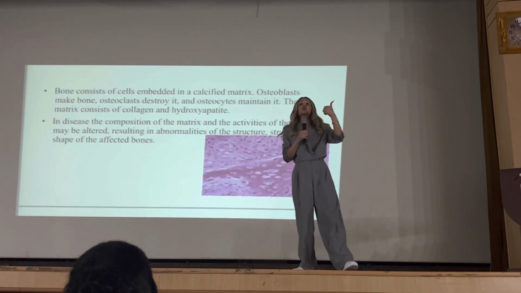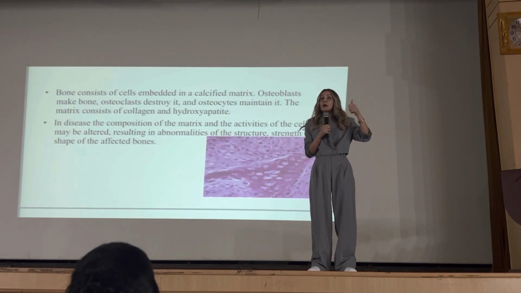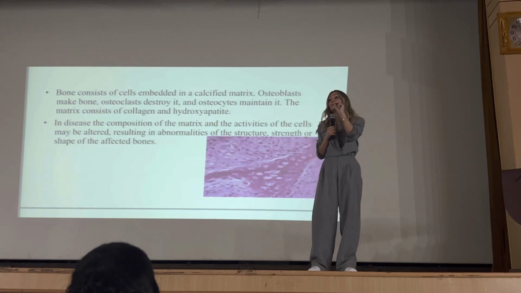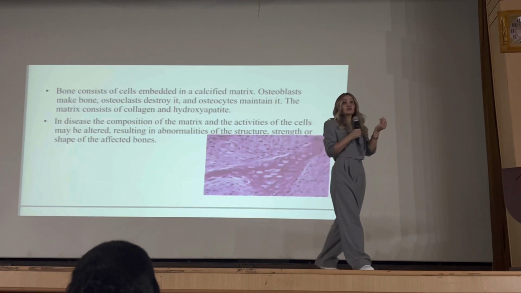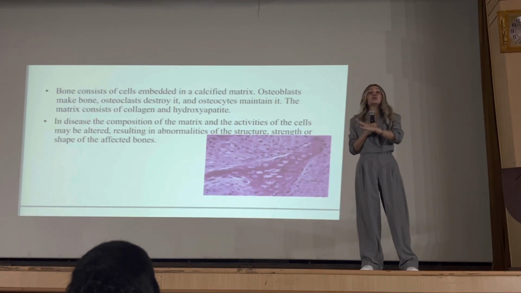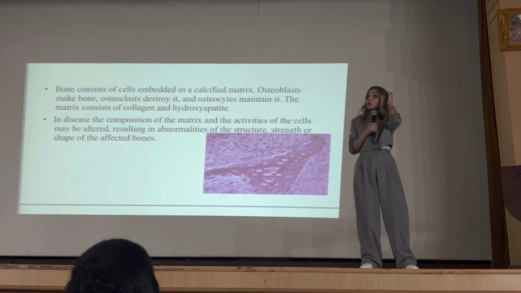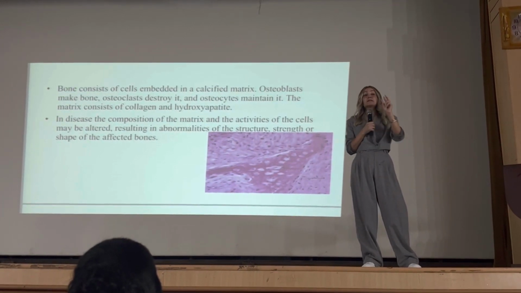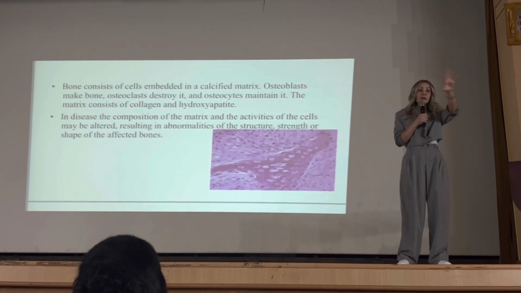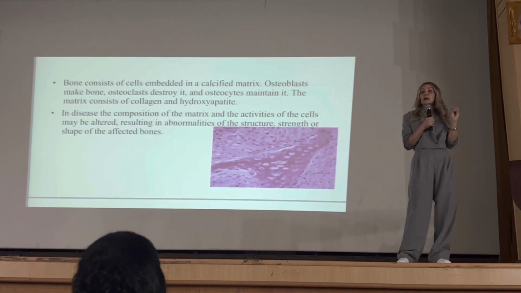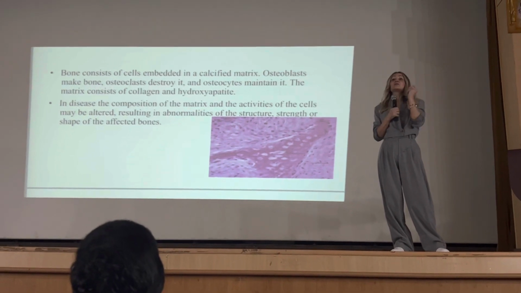These cells are osteoblasts, osteocytes, and osteoclasts. Osteoblast is the more active form, forming bone. Osteoclasts are involved in degradation of bone, and they are usually giant cells. And we have osteocytes, which orchestrate or control the bone matrix.